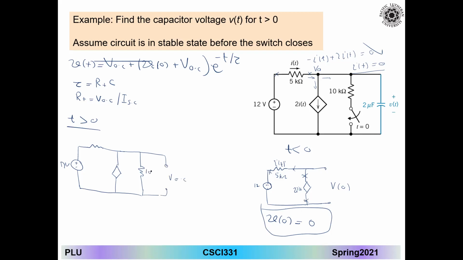Here is the 10, and here is the 2I, and here is the 5, and here is the current, our I of t. Again, what are we going to find, guys? We look at the voltage across the 10K.